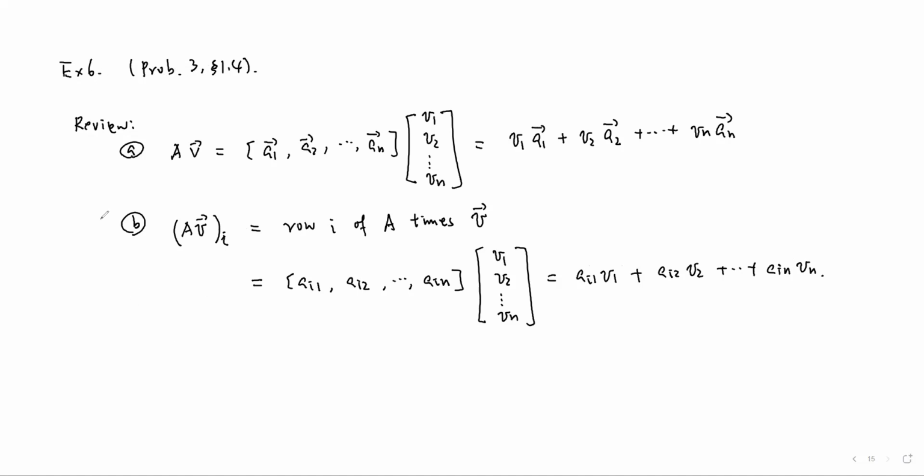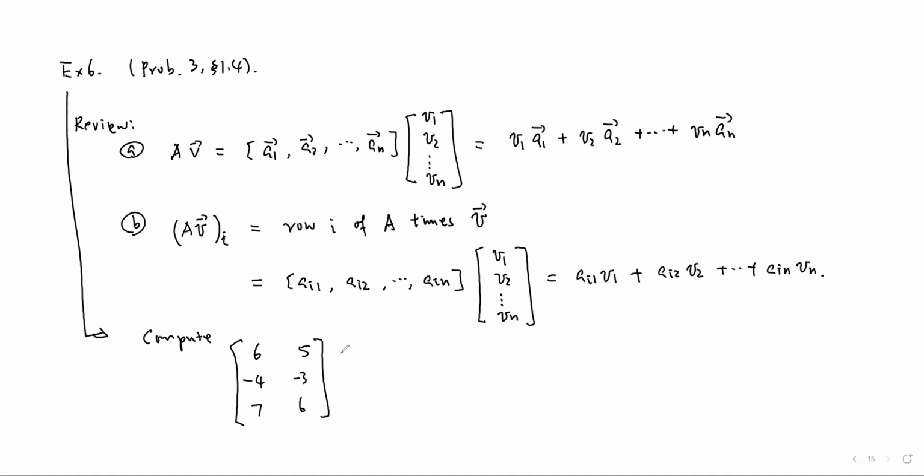Now problem 3. Simple. Compute this: the matrix with rows 6, 5; -4, -3; 7, 6, a 3 by 2 matrix, times the 2-dimensional vector 1, -3.